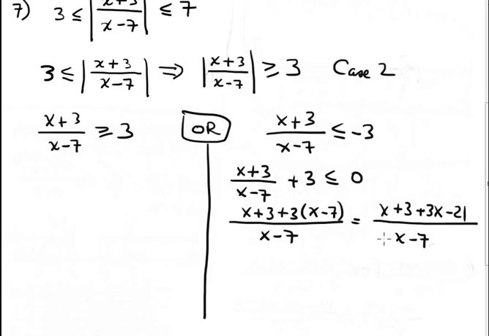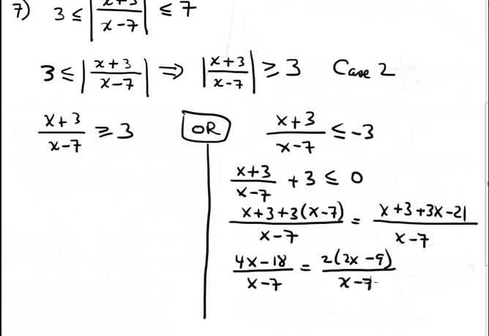We combine like terms: this is 4x minus 18 over x minus 7. The common factor is 2, so 2x minus 9 over x minus 7 less than or equal to 0. Okay, this is our expression I want to investigate.